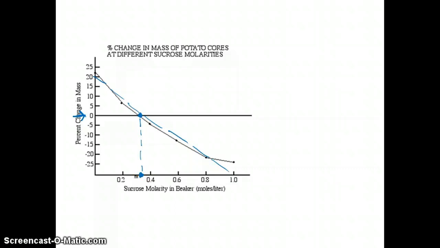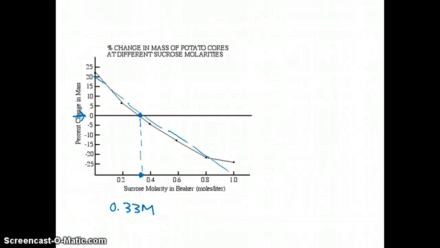Why? Because at dynamic equilibrium, the inside and the outside have the same concentration. And so let's make this 0.33 molar for our cells.